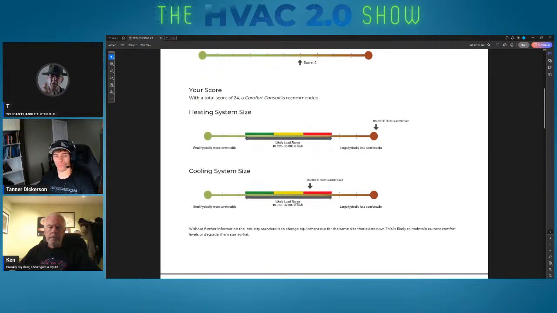helping them understand their heating system size and how sizing impacts that is going to be important. And in between the heating system likely load range, we're going to insert the 6 functions, because you're going to connect the 6 functions of HVAC to their comfort score.